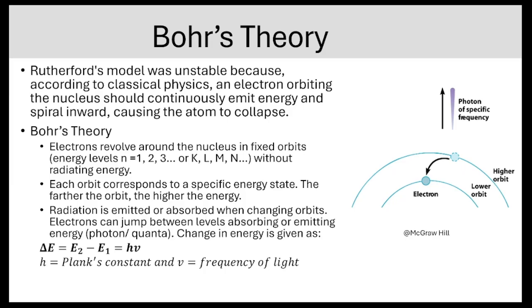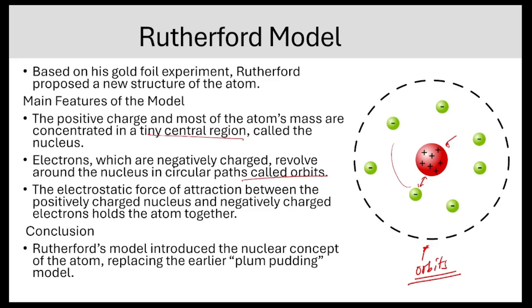According to classical physics, an electron orbiting the nucleus should continuously emit energy and spiral inward.